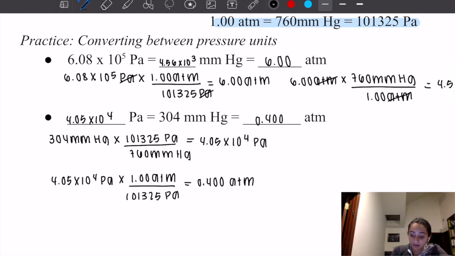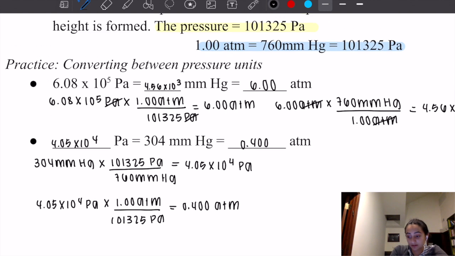So I'm just using the equivalence between these 3 units to write conversion fractions, and then that makes it very easy to convert between the units, which will often come in handy because certain equations only use atmospheres, and sometimes you might be given pascals and might have to convert. So this is an important tool, and just like other conversions we've done, it should be pretty straightforward.